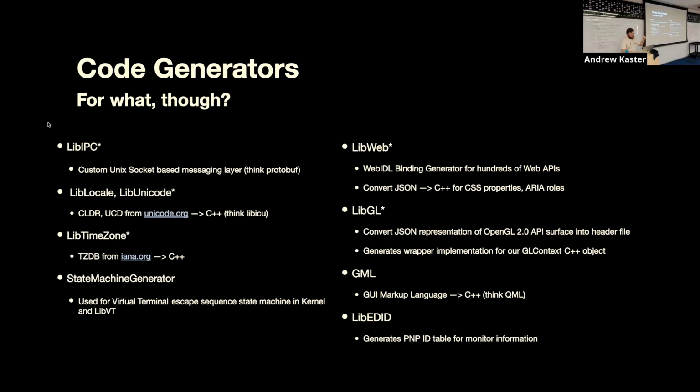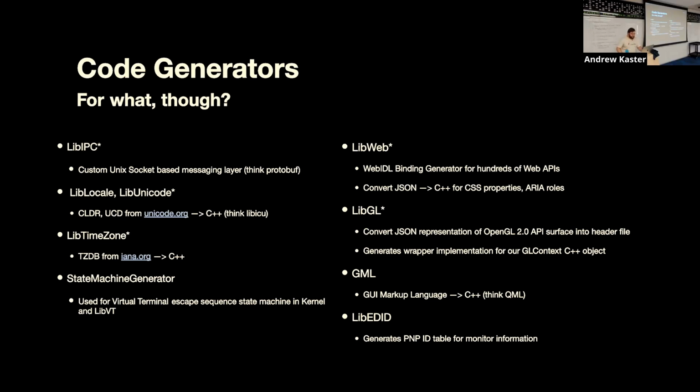Then the next two are kind of related, where as part of the JavaScript engine, we need to know about Unicode, we need to know about locales, we need to know about time zones. And instead of pulling in libicu like everybody else does, we download the raw data files from unicode.org and from IANA and generate our own implementations of the types of APIs that libicu provides to other applications.